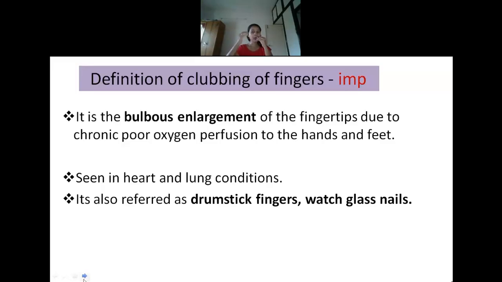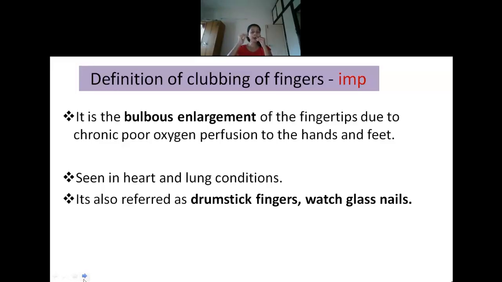So there can be vasodilation, and that will increase the capillary permeability, and that will result in interstitial edema. So your fingernails or fingertips become edematous like a bulb. It happens because of poor oxygenation or hypoxia.